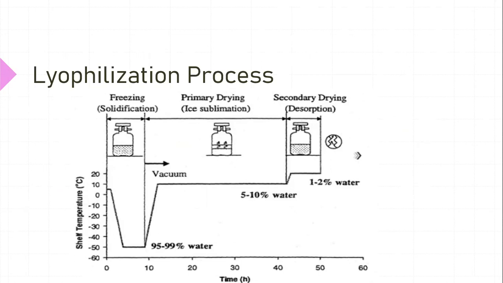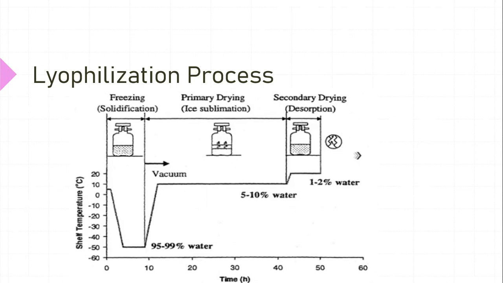This is the same process in a graphical form. You can see that first you lower the temperature of the product, you freeze or solidify the product. Then with vacuum, you increase the temperature a little.